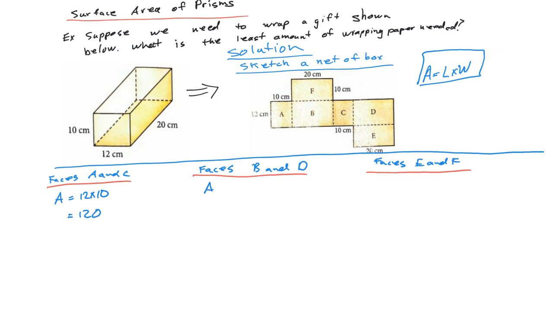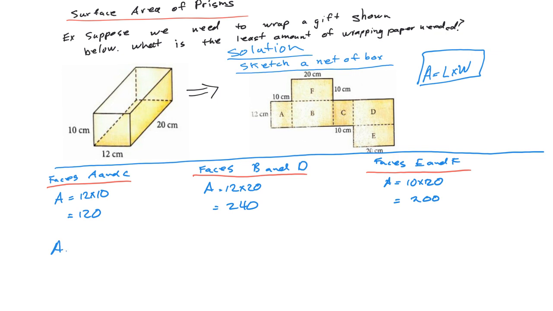The area for the faces of B and D is going to be 12 times 20, which gives us 240. The area for E and F is 10 times 20, which gives us 200.